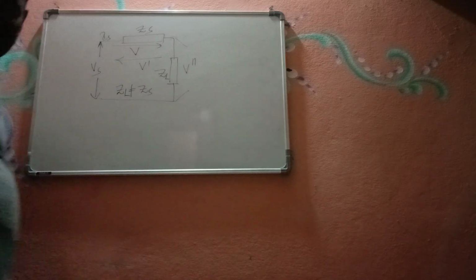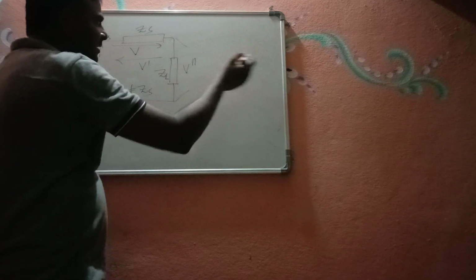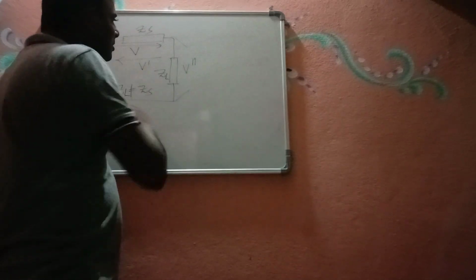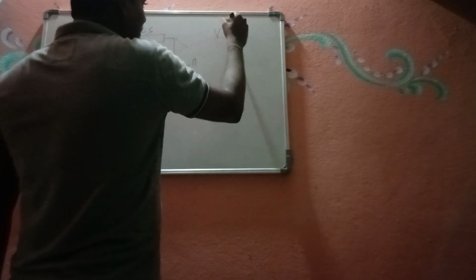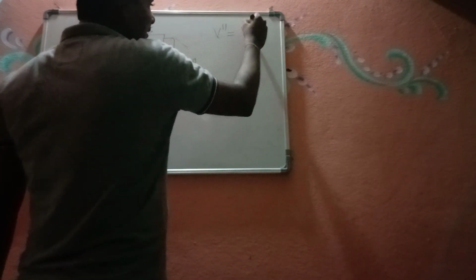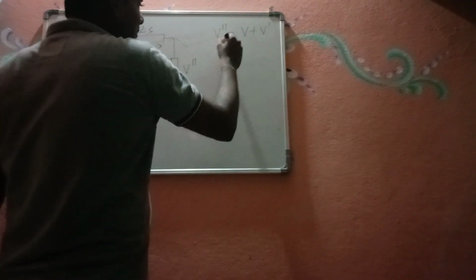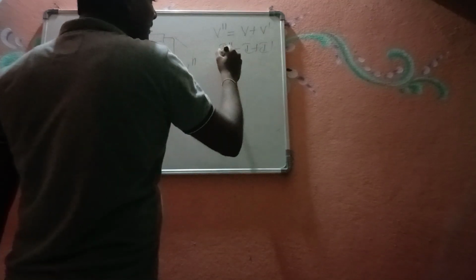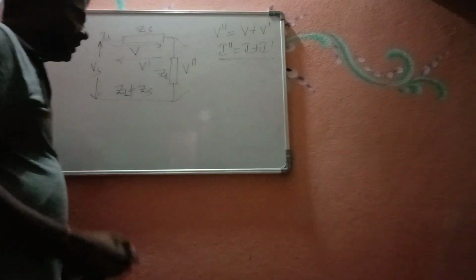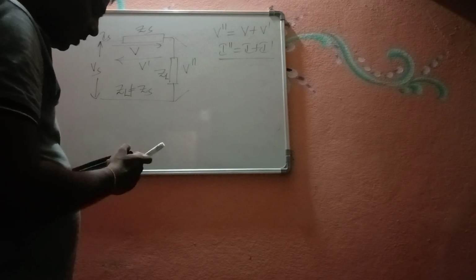That voltage is V double dash. Now we need to understand two relations in order to solve this. The two relations are V double dash is equal to V plus V dash, and I double dash is equal to I plus I dash. We need these two relations to determine the different coefficients.